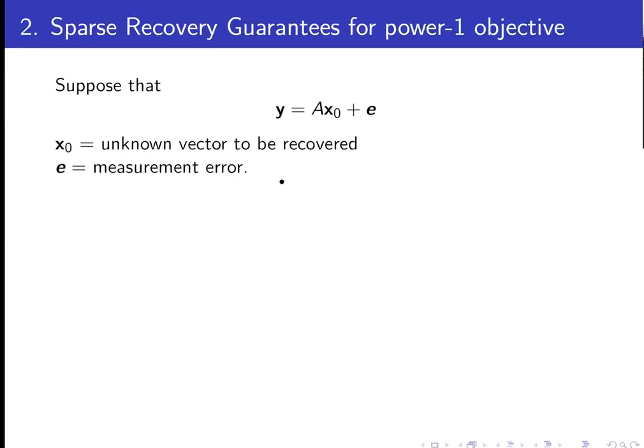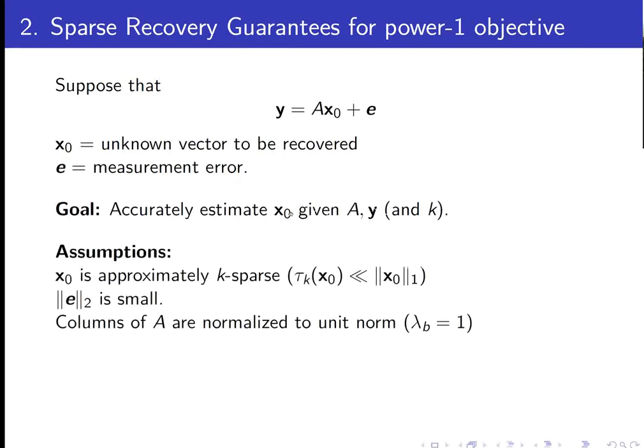The second theoretical result is related to sparse recovery guarantees. Suppose that indeed the vector y that we observed is equal to Ax0 plus e. e may be some measurement error, and x0 is approximately k-sparse.